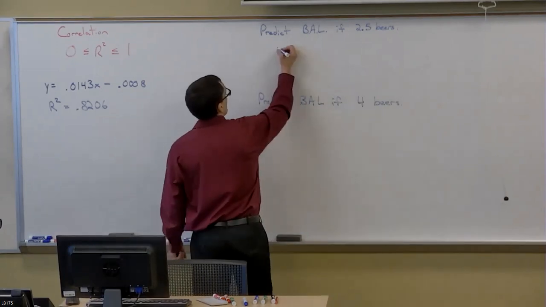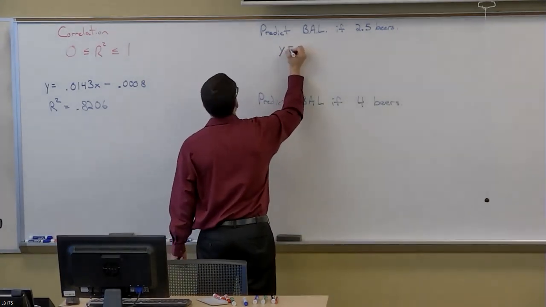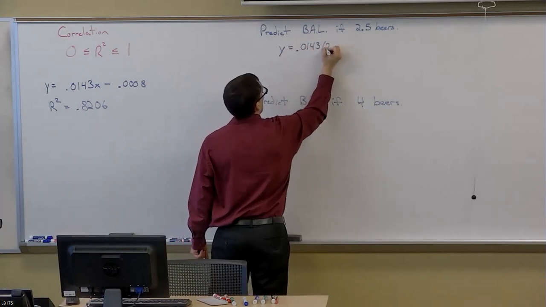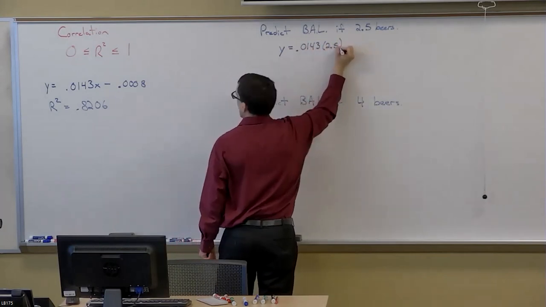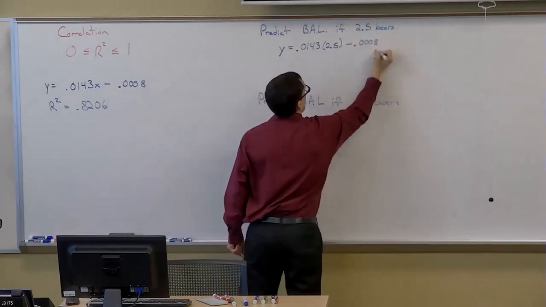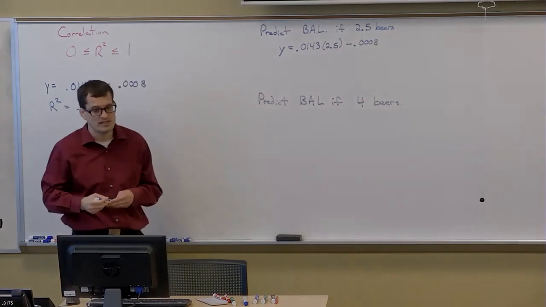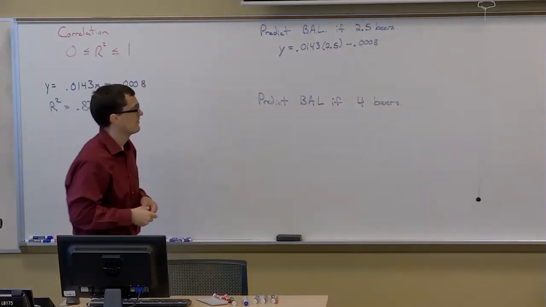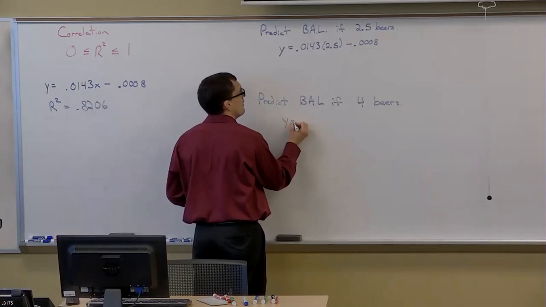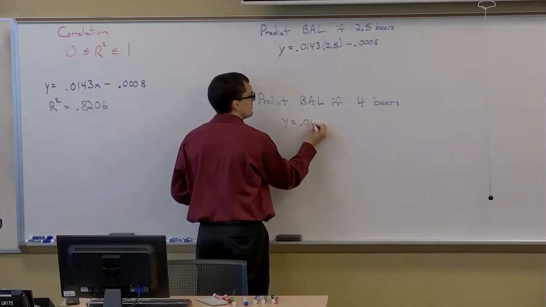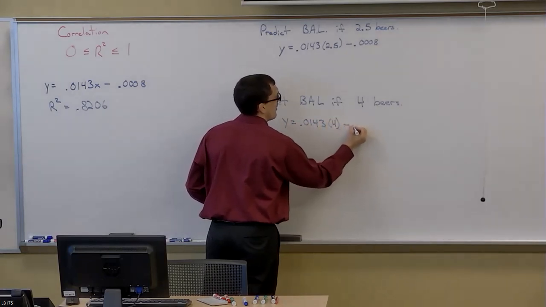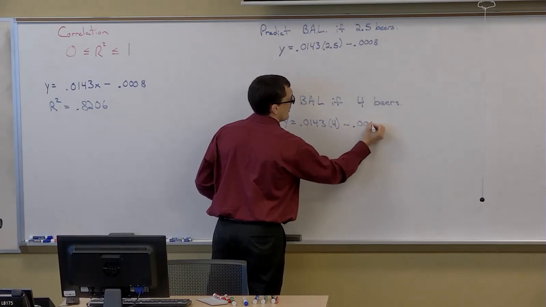So I just plug in 2.5 for the X. Calculate that. And then for this one, I'll just plug in 4 for the X. Calculate that.